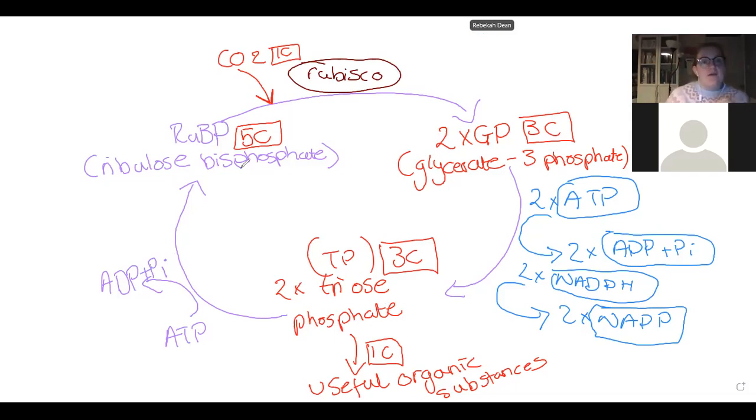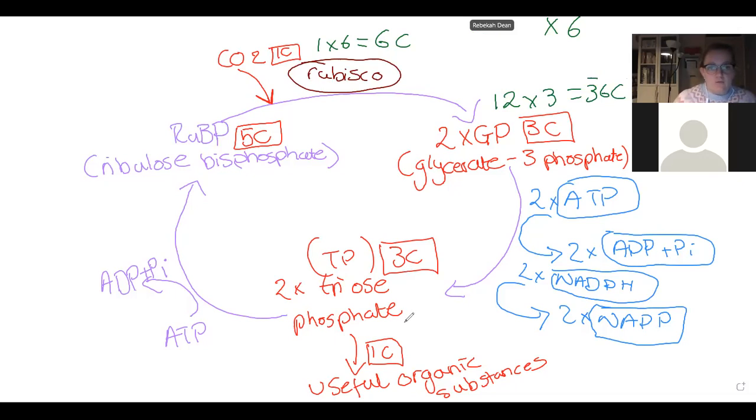Now, this cycle happens 6 times. So I'm going to do this in a different colour, green, because I haven't used it. So in total, 6 carbon dioxides are used. So we have 6 carbons there in total. 12 of the GP compounds are going to be formed. So we'll have 36 carbons being present at this point.